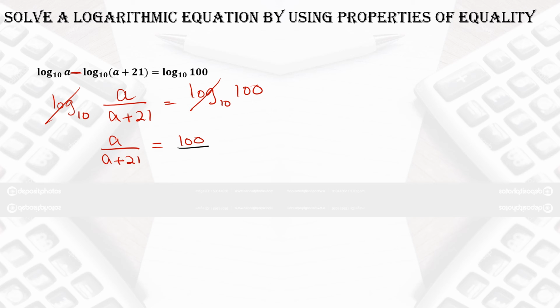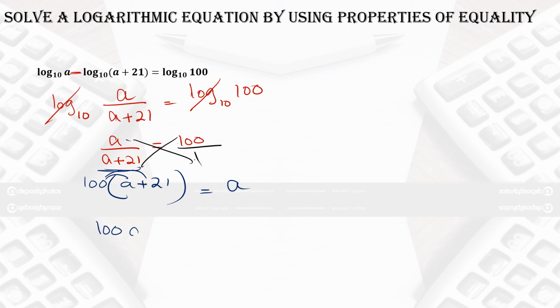Now under the 100 there is 1, so you can cross multiply. You cross multiply 100 times this expression, that is a plus 21, equals a times 1, which gives you a. Now open the bracket by using the distributive property.